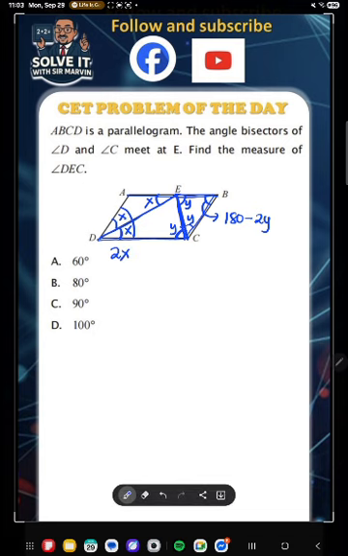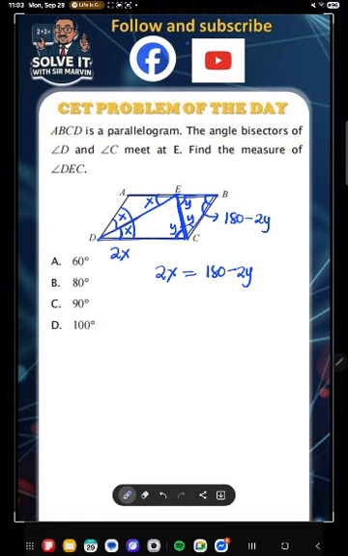Now, if you still recall, opposite angles in a parallelogram are congruent. And so, this 2x is equal to 180 minus 2y.